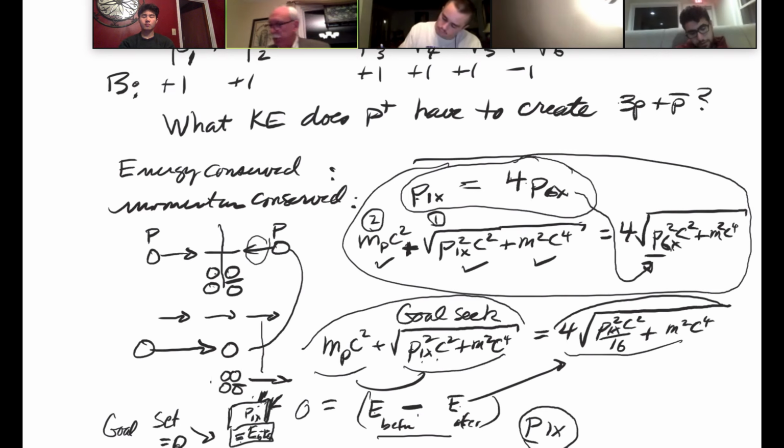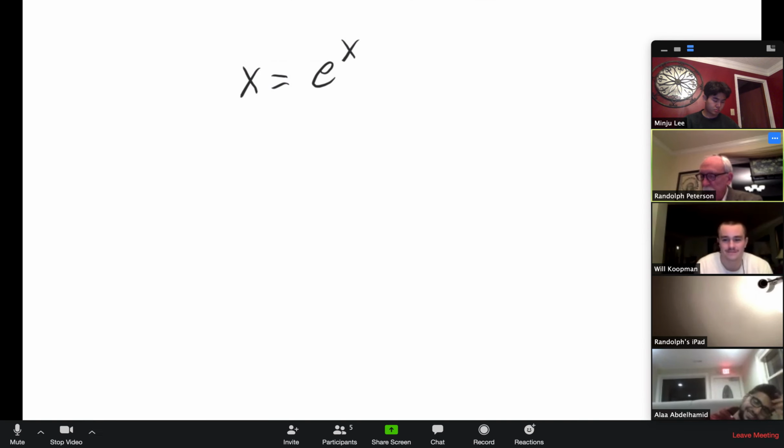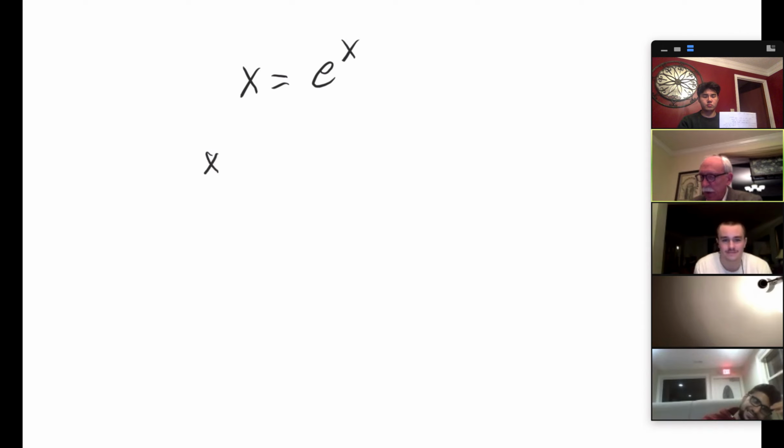Another example. What's x equal to? Well, algebraically, there's no way to solve that. So create a cell where you say x is in this cell, and this cell is x minus e to the x.